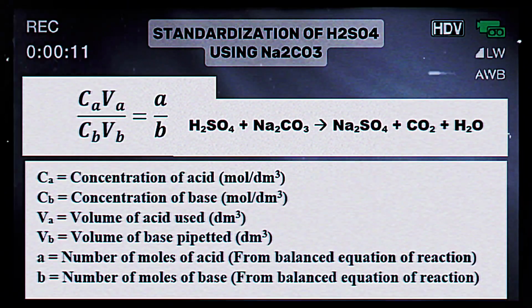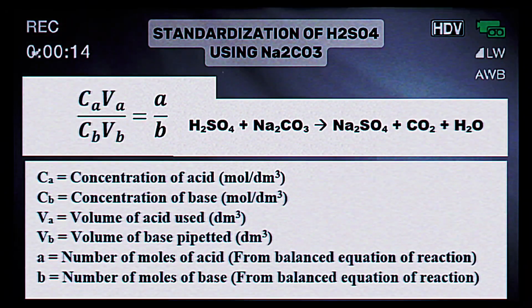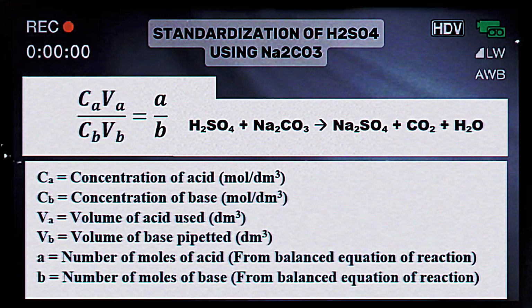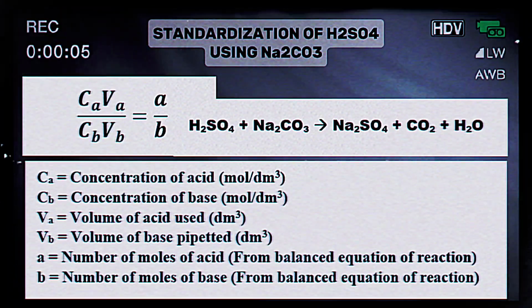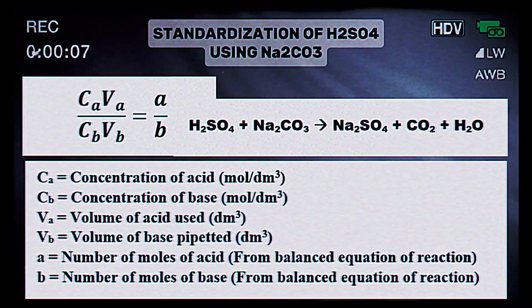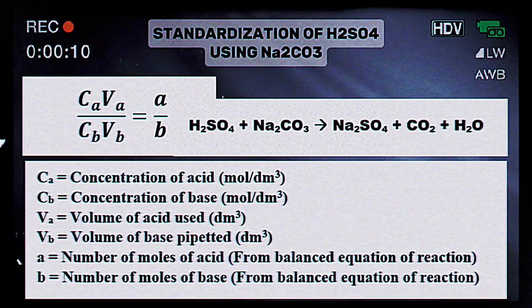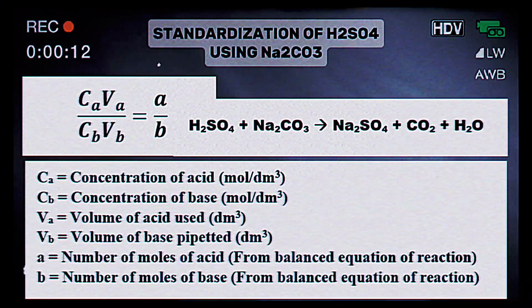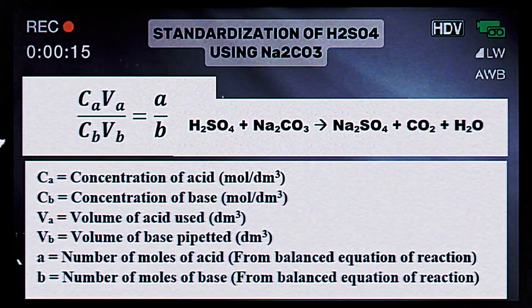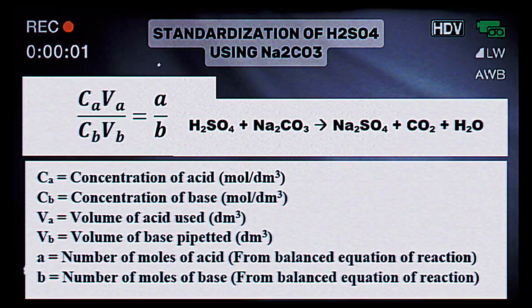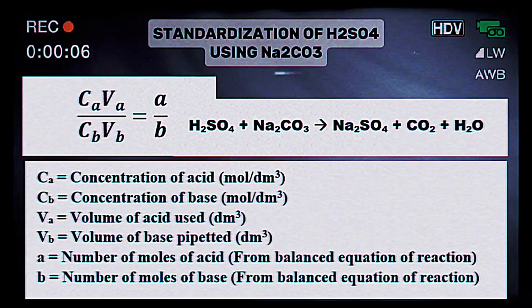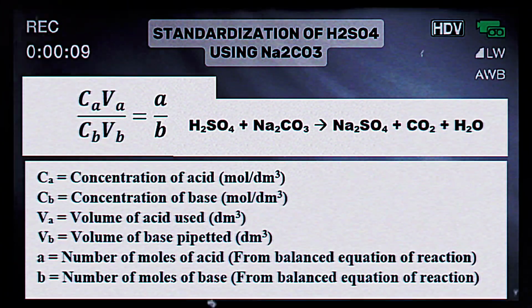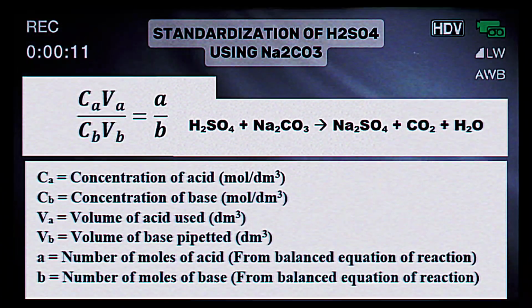Now CA is the concentration of the acid in molar or mole per dm cube, and this is the concentration of the pure acid. This is the unknown. CB is given, which is the concentration of the base in mole per dm cube, the molar concentration. It has been given, which I've stated earlier.